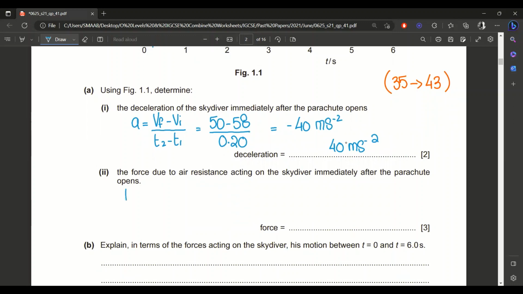So F equals ma, that is 76 multiplied by 40, which is 3040.